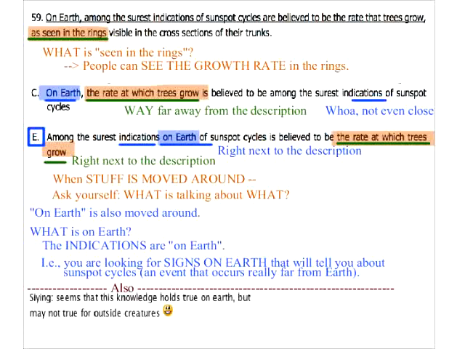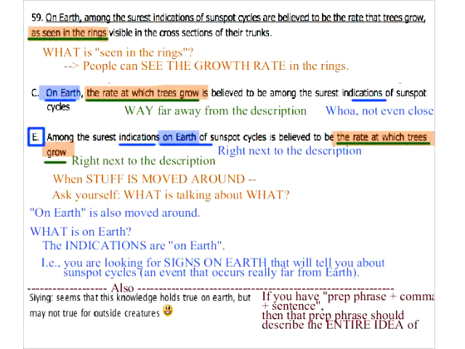In choice C, right, if you have prep phrase plus comma plus sentence, then that prep phrase should describe the entire sentence, like the entire idea of the sentence. So this is really, really important.